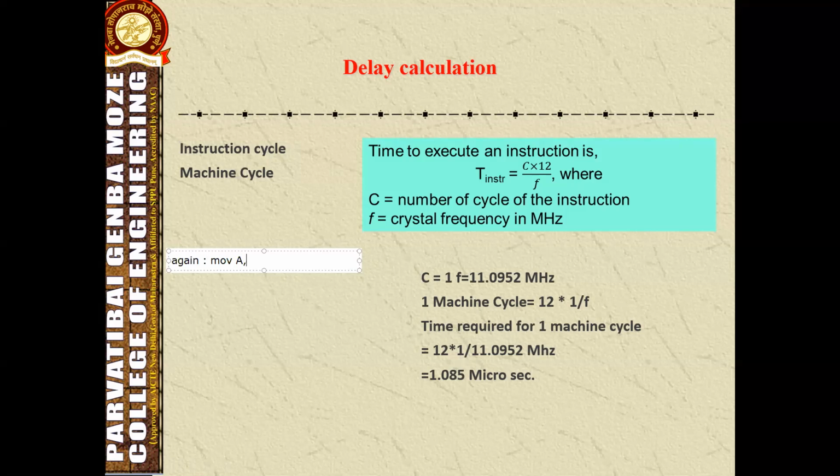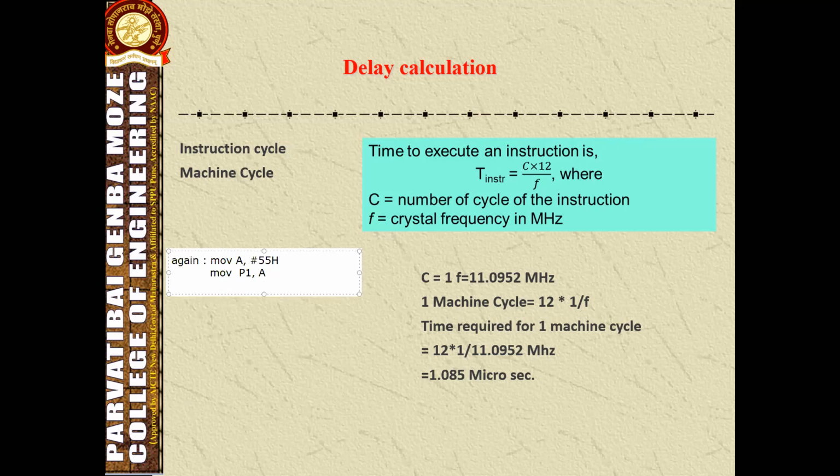MOV A, #55H, MOV P1, A, CALL DELAY, and CPL A, which is nothing but complement A. What is the data stored inside A?